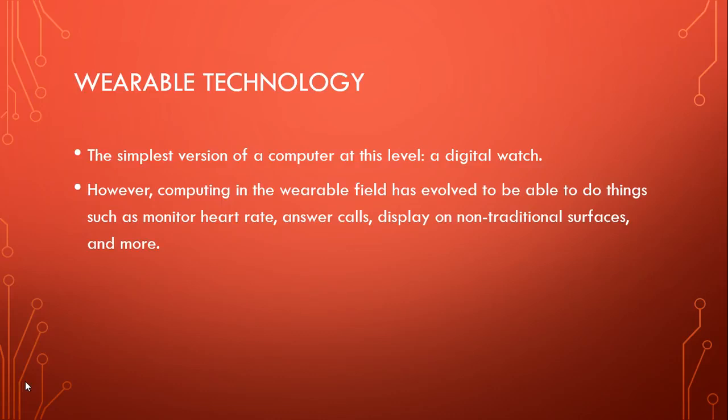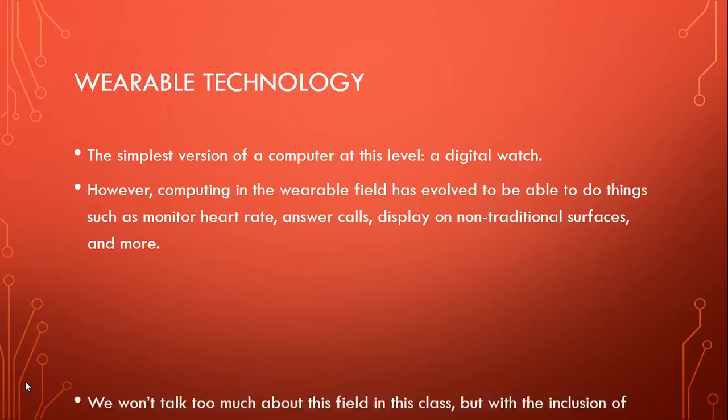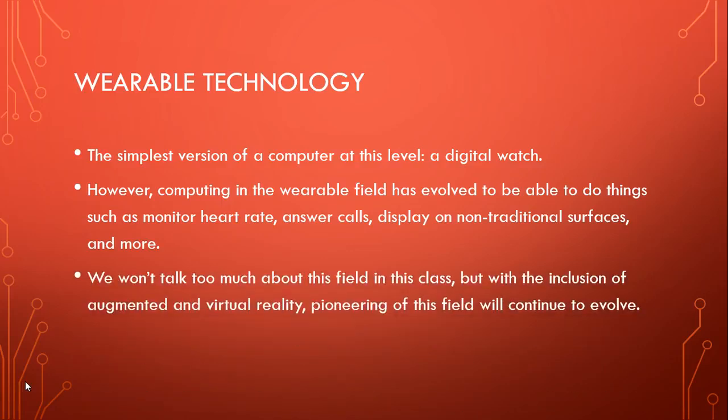Some of the stuff is not as good as they might advertise, and so that's why you don't see it. And also people are like, well, why would I want that? Why do I want to pay money for that? But these are all different examples of this wearable tech. Now, we aren't actually going to talk too much about wearable technology in this class. But with the inclusion of augmented and virtual reality technologies, the pioneering of this field will continue to evolve.